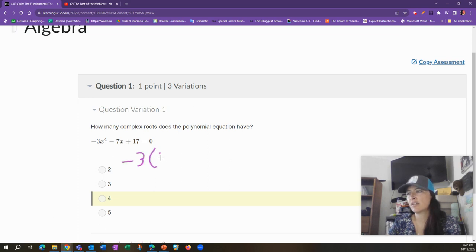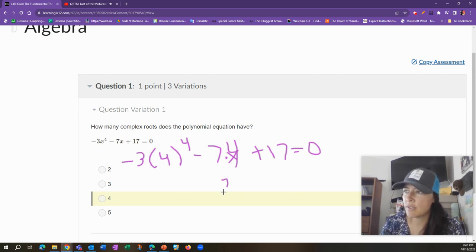Let's test it: negative 3x to the 4th power minus 7x plus 17 equals 0. Well, 4 to the 4th power is 4 times 4 times 4 times 4, which is 256. 256 times -3.